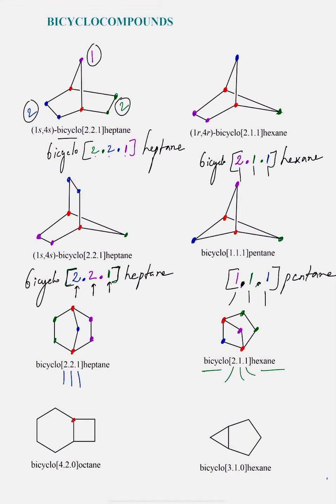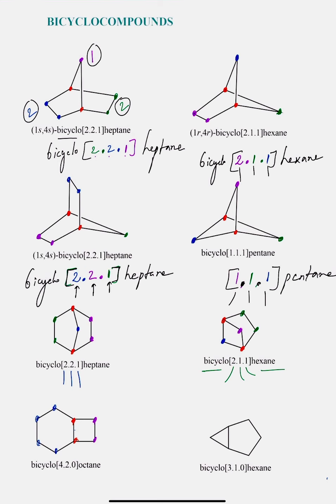2 bridgehead carbons and 2 purple here, and 1, 2, 3, 4 here. Okay, and there is one more bridge here, but which has no carbon. There is nothing pointing out of the page, so it has 0. Let me write down in a different color, so let me use green.